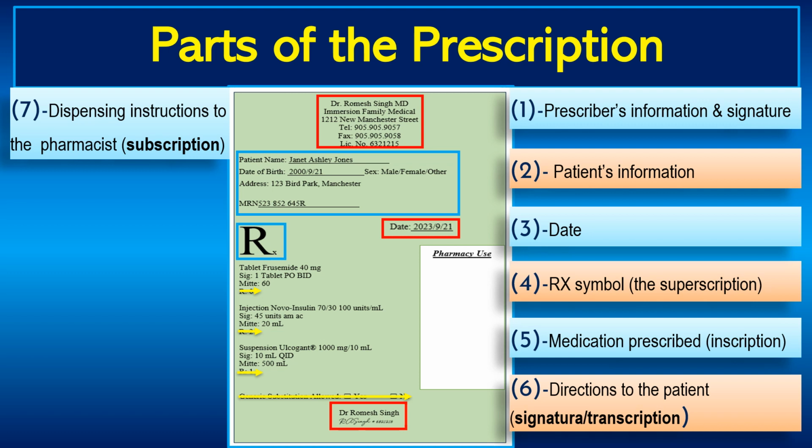Now, these are your quantities. So, I want you to give 60 tablets to the patient, or I want you to give 20 mils to the patient, or give 500 ml of this suspension to the patient. That is the instruction to the pharmacist, and that is known as the subscription.